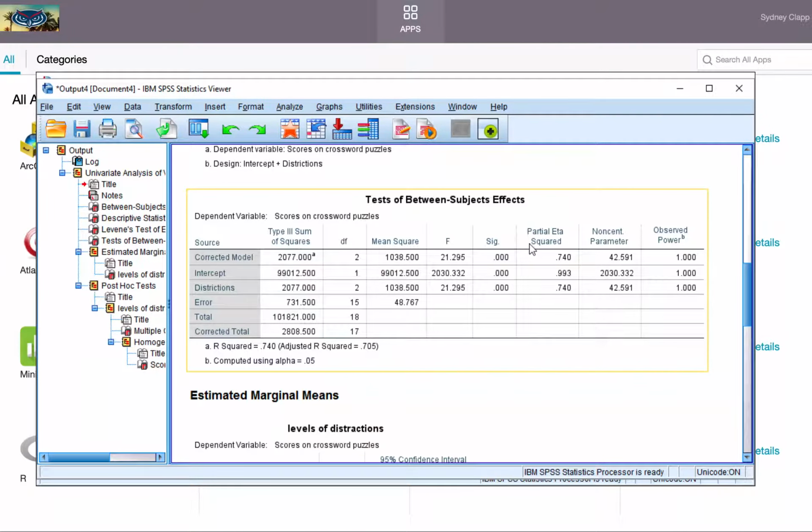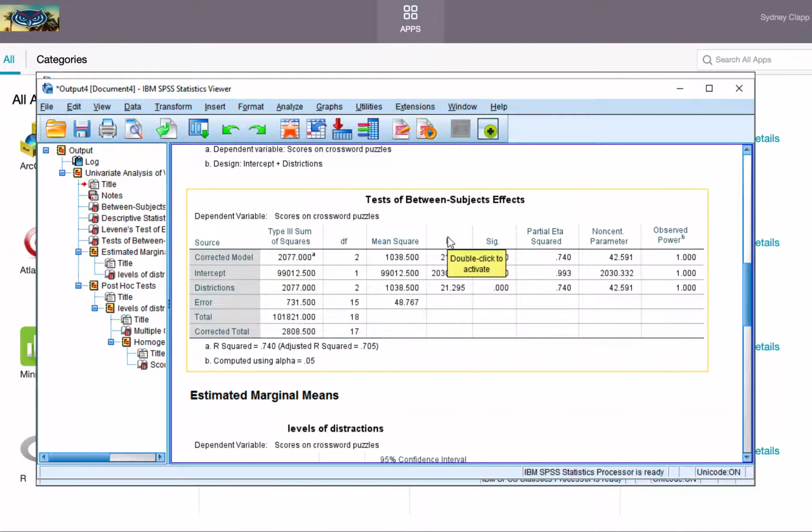And so that is where we're going to find our effect size. The ANOVA F ratio, the F ratio for the omnibus, is found there.